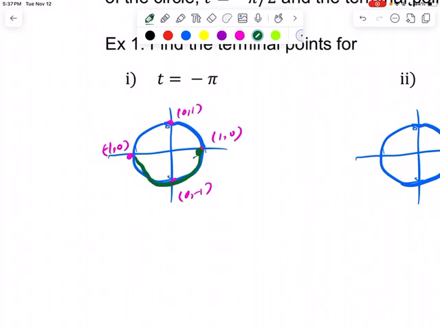So the terminal point for t is equal to negative pi is negative 1, 0. Now notice here, for t is equal to pi, we had the same terminal point.